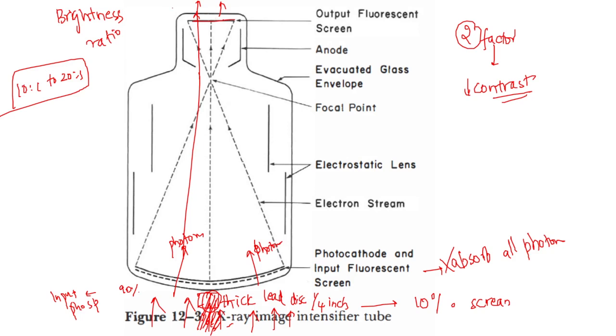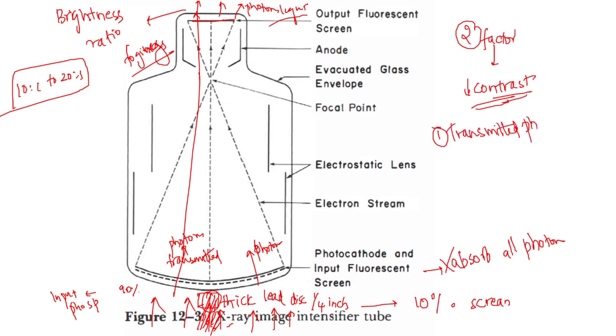When they are absorbed, they produce light photons from the output fluorescent screen, which results in fogging of the image, and because of this fogging there is decreased contrast. So number one is due to the transmitted photons from the input fluorescent screen.